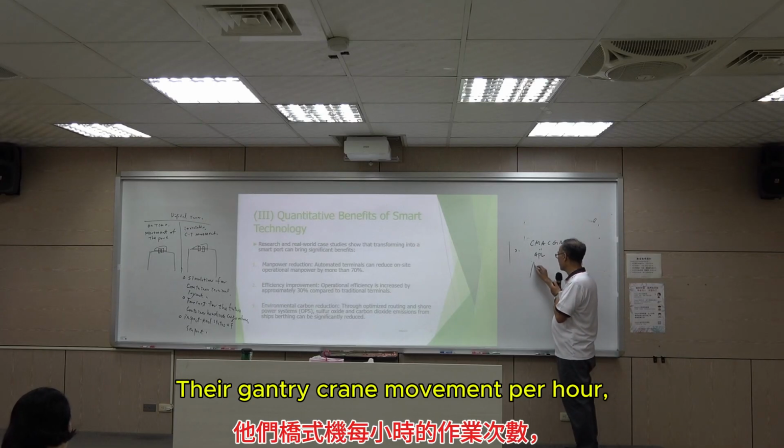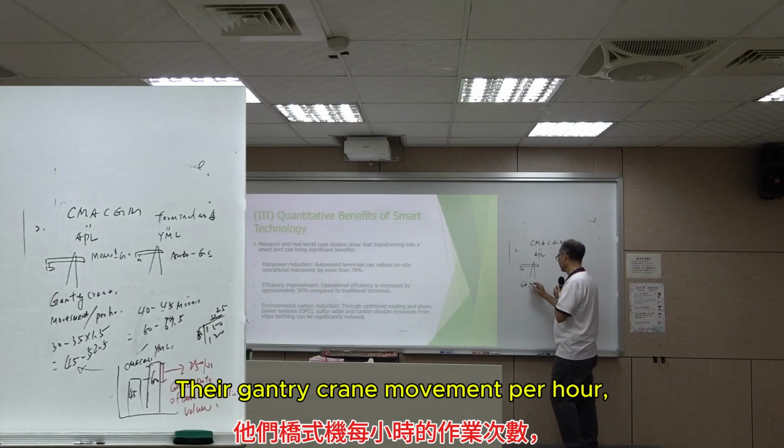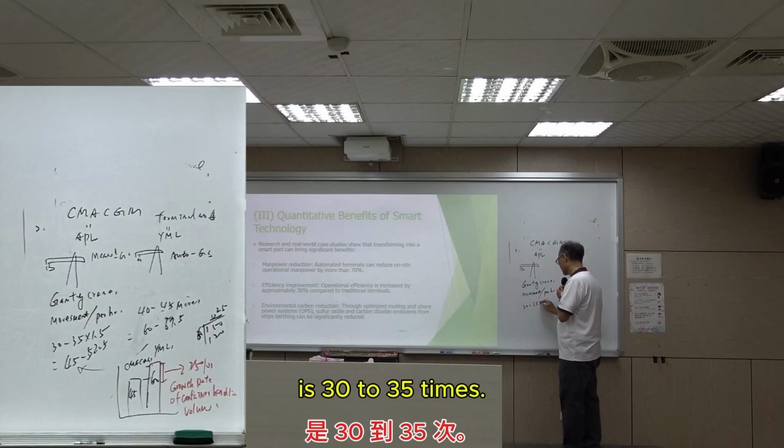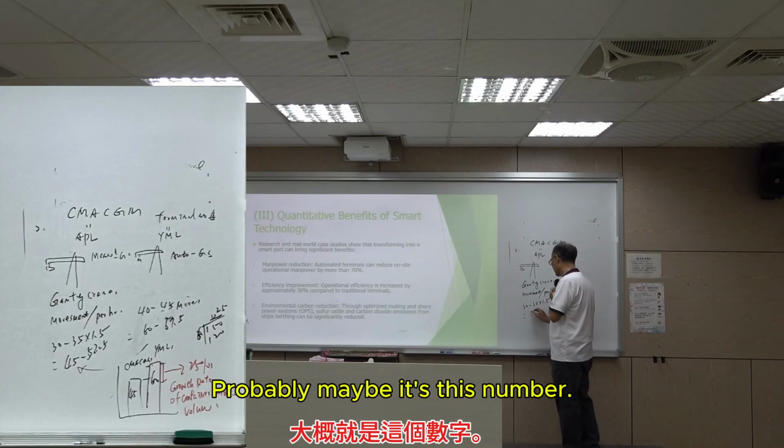So this gantry crane movement per hour is 30 to 35.